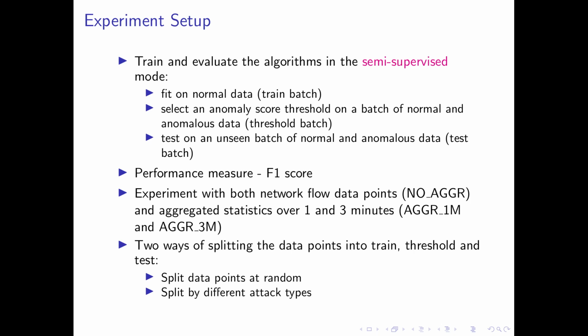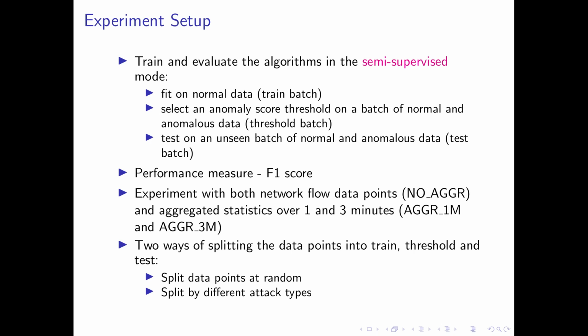And as we mentioned, we experiment with both network flow data points and aggregated statistics. And lastly, we consider two ways of splitting the original data into train, threshold, and test batches. The first scenario is that we split data points at random, and in the second scenario we split by different attack types.